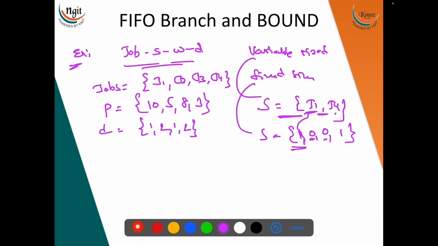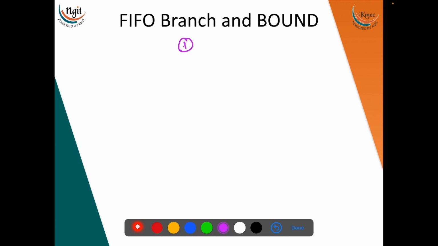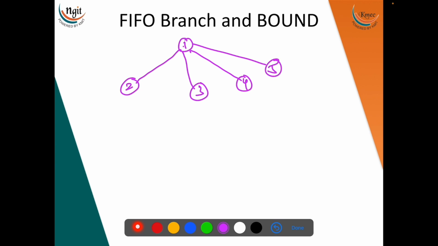Now let's see how to generate the state space tree, or how to explore the nodes in the state space tree. Now I'm going to construct this state space tree 1, 2, 3 and 4, 5. How many jobs are we given? We are given J1, J2, J3 and J4.